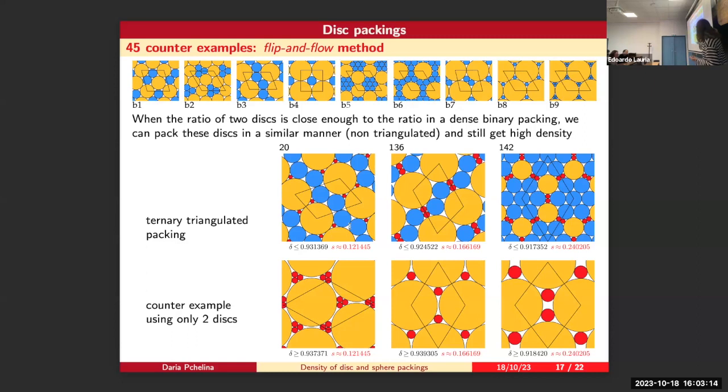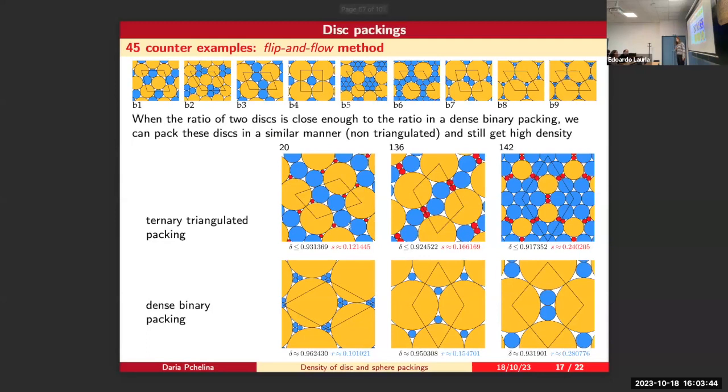And we get a density which is higher than the density of any triangulated packing. It was the case for 45 ternary disk packings like this. So we just took two disks out of three. We assembled something which is not even triangulated, and it's denser than any triangulated packing using all these sizes. Okay, so these were the counterexamples.